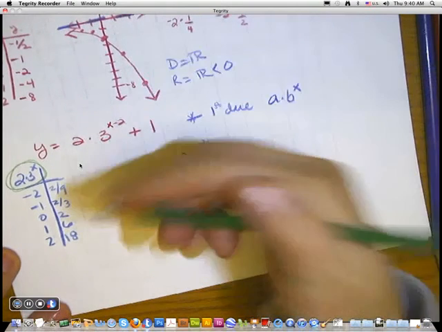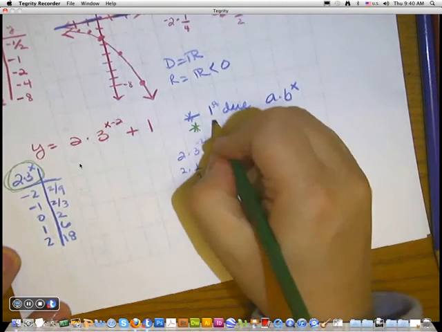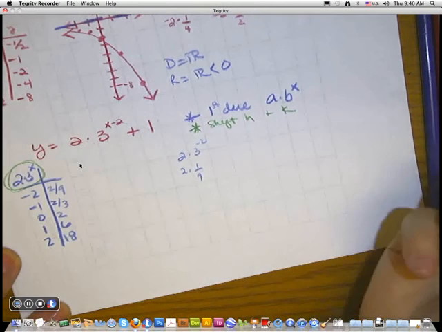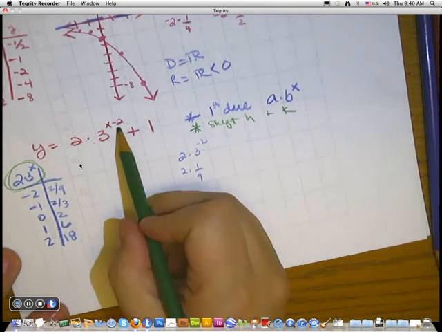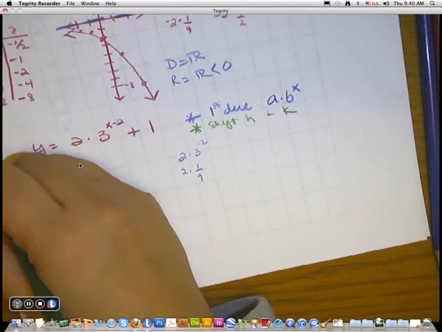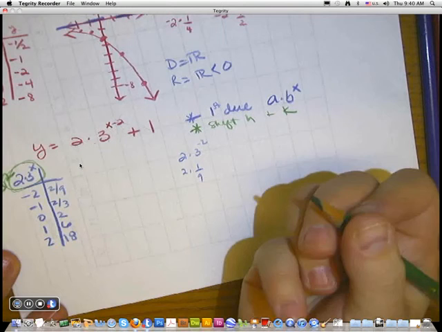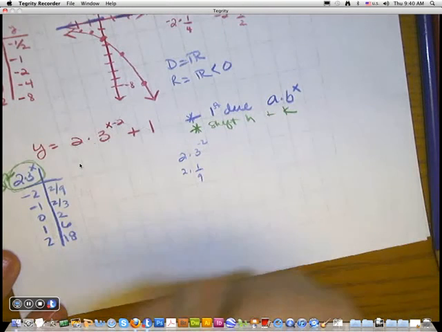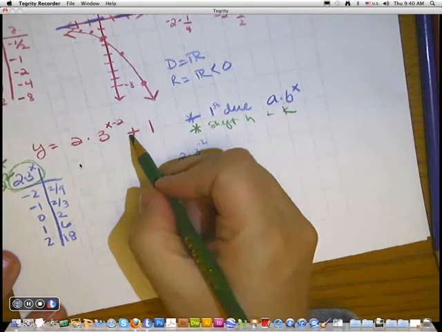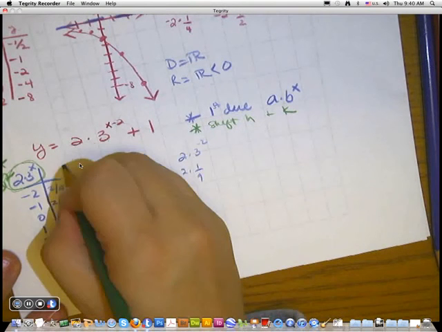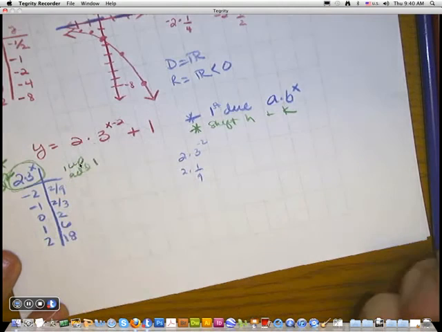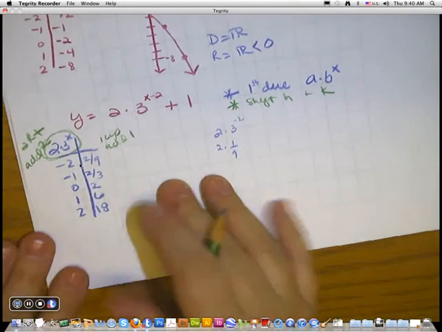Now we're going to second shift h and k. So the h, -2, is actually add 2, because remember it's always opposite, 2 to the right. And plus 1 is 1 up, so we're going to add 1.